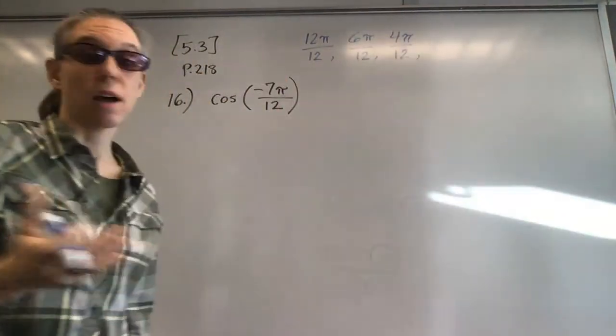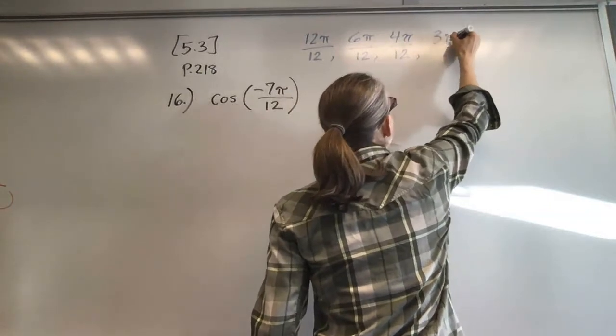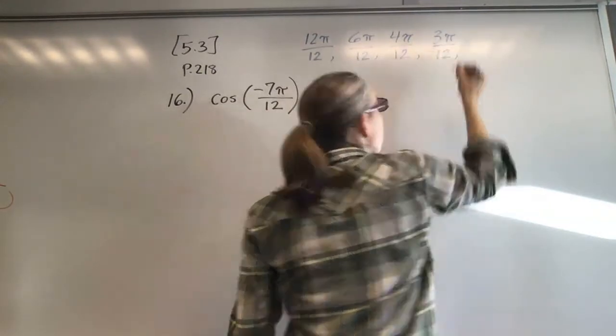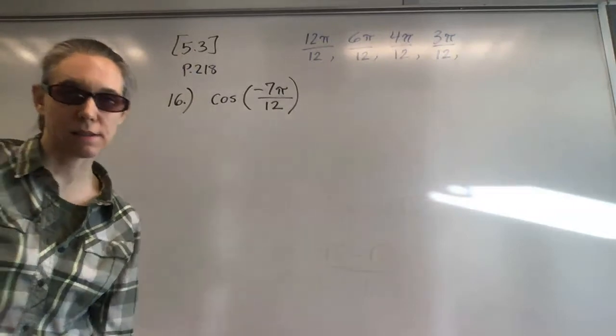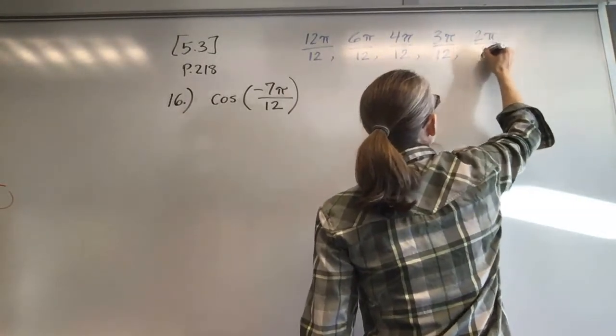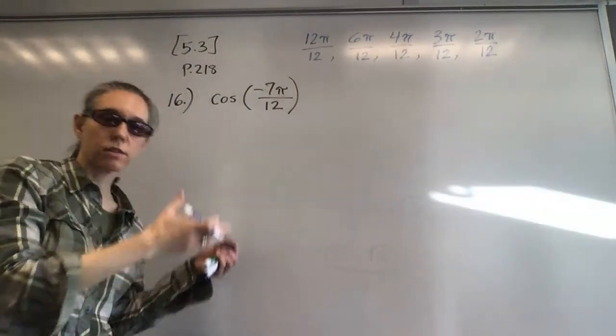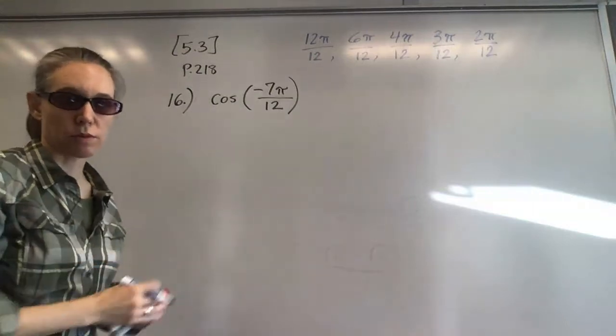We have pi fourths, which is 3 pi over 12. And then lastly, we have pi sixths, which is 2 pi over 12. So we have the pi sixths values, the pi fourths, the pi thirds, the pi halves, and the pi's, and of course we have 0.